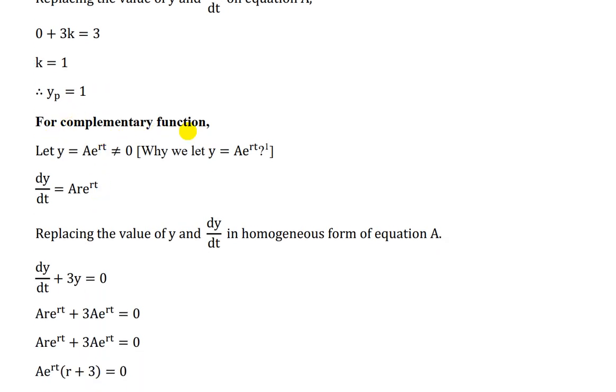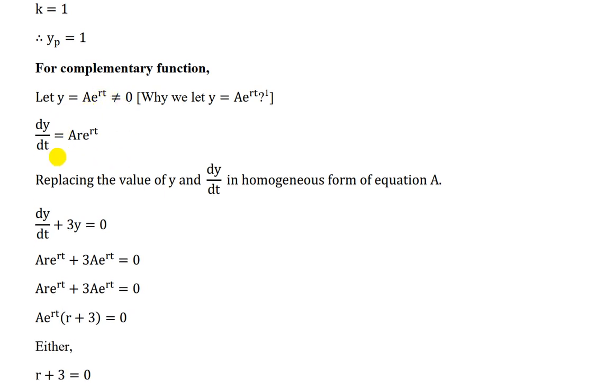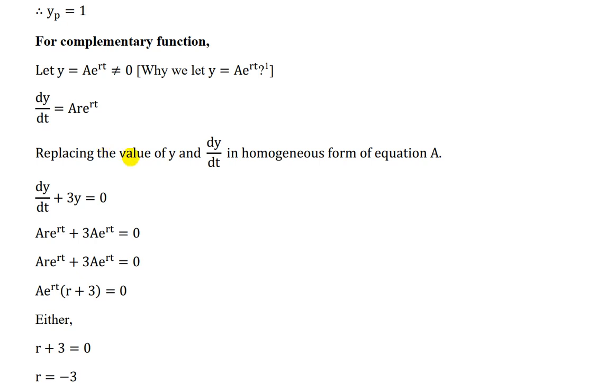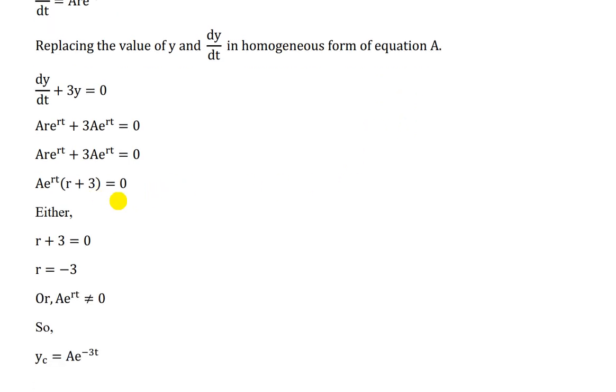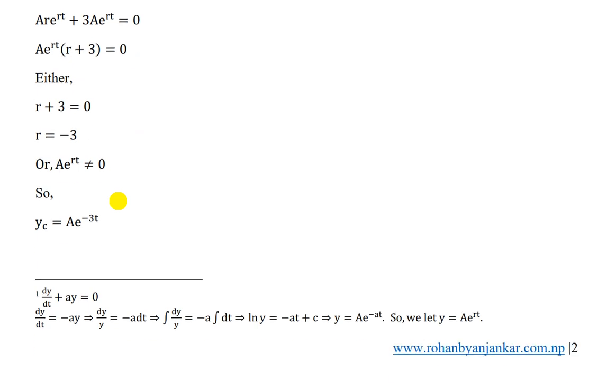Similarly for the complementary function, let y equal a e to the rt, where a is not equal to 0. We differentiate it with respect to t and get a r e to the rt, because the differentiation of a e to the rt is a r e to the rt. We replace the value of y and dy by dt in our equation A and solve for r, and we obtain yc equals a e to the minus 3t.